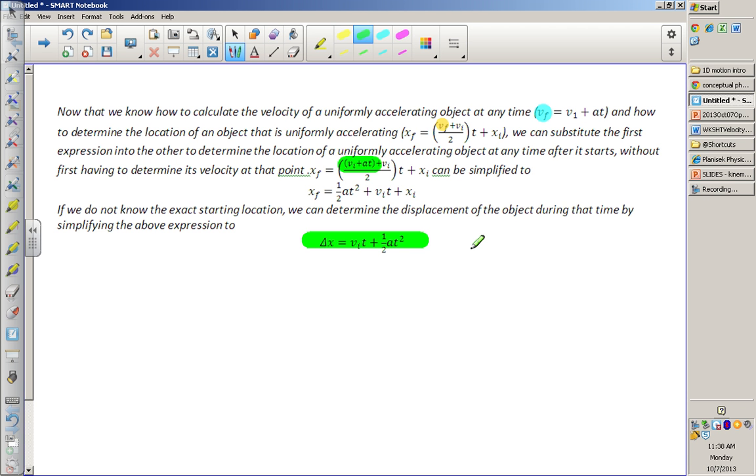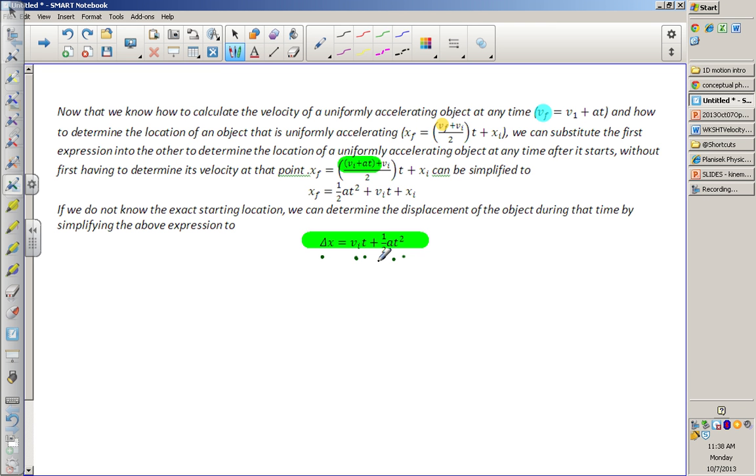So now we have a way to relate how far we go with how we started, what's the acceleration value, and then the time that that acceleration occurs.